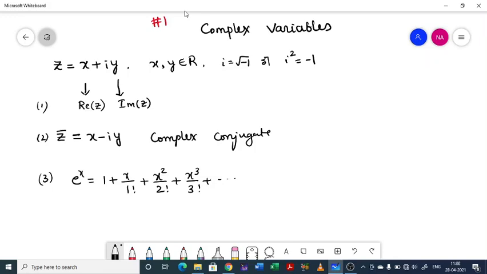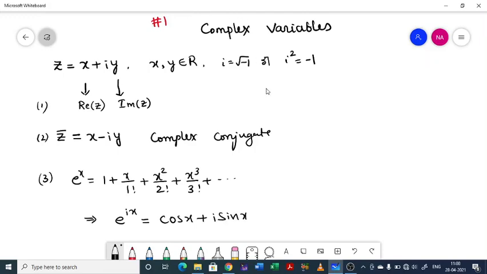Here if you replace x by ix and then separate the series, odd terms all together and even terms all together, finally you will arrive at this result: e power ix equal to cos x plus i sin x.